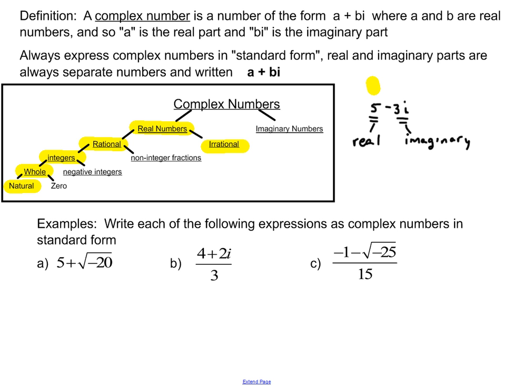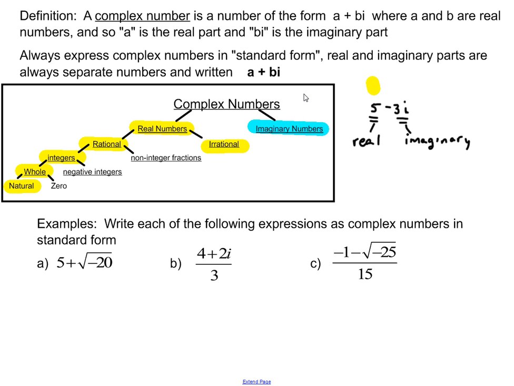Okay, so those are our real numbers. Now the thing about real numbers is that they're good when it comes to addition, subtraction, multiplication, division, and mostly square roots. But as we saw, if we try to take the square root of a negative number, it doesn't work. And so we needed to invent imaginary numbers.